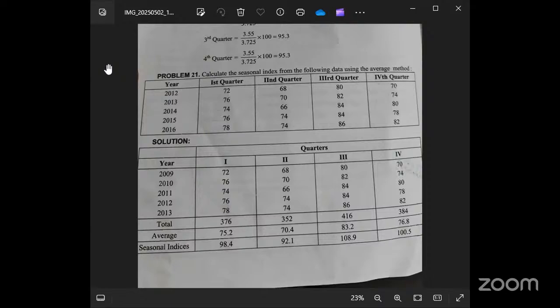So next, after finding the averages, we need to find out seasonal indices. How do you find seasonal index or indices? Make the totals of averages: quarter 1 average plus quarter 2 average plus quarter 3 average plus quarter 4 average divided by 6. Why 6? Because we have 6 years.